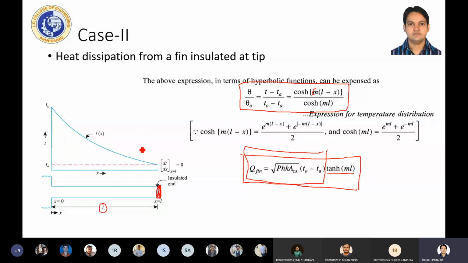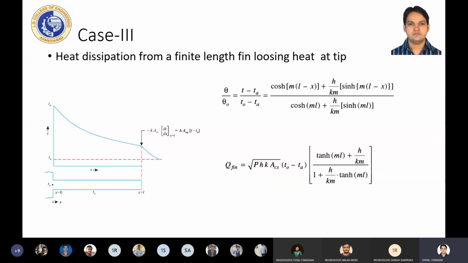When it comes to a finite length fin with insulated tip, the hyperbolic function tanh is added into it, so tanh(mL). So for case 2, the temperature difference is this, and the heat loss you can calculate using this equation.